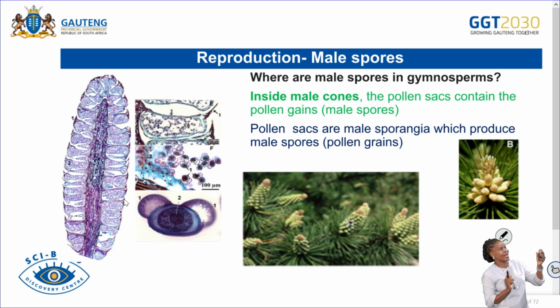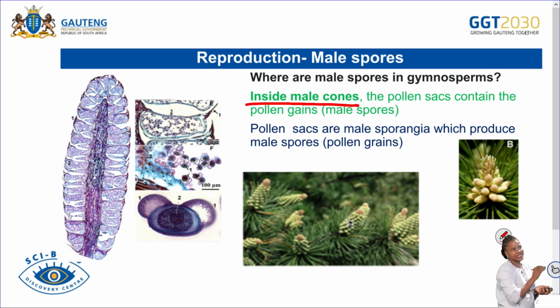Now, reproduction in male spores, how does it happen? Where are the male spores in gymnosperms developing? Where do we get the spores in males in the gymnosperms? The male spores are developing inside the what?